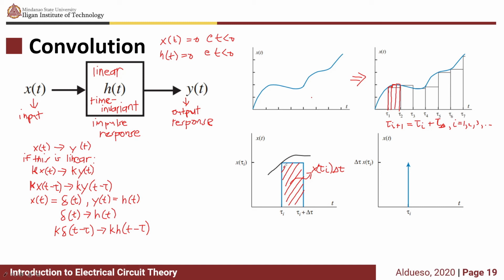Now if you decrease delta tau such that it approaches 0, we have an equivalent impulse function, where the area under this impulse function is equivalent to x of tau i times delta tau times the impulse function delta of t minus tau i.